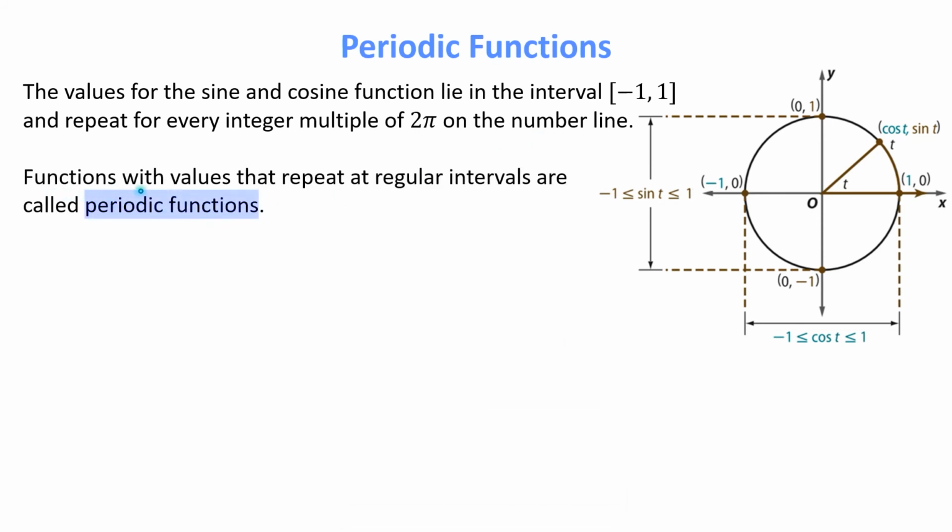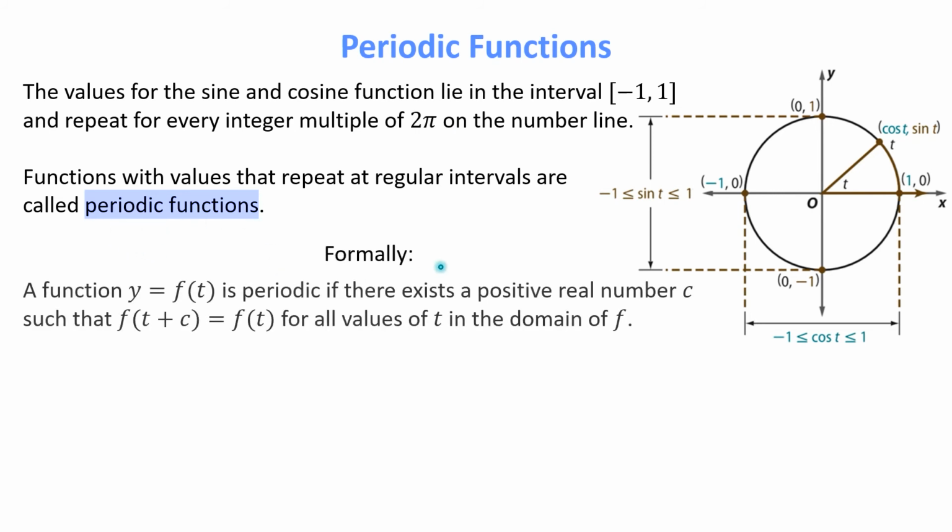So functions with values that repeat at regular intervals are called periodic functions. So sine and cosine, they repeat every 2 pi, so every one wrapping, and because they do so, they are known as periodic functions. Now, more formally, a function y equals f of t is periodic if there exists a positive real number c such that f of t plus c equals f of t for all values of t in the domain of f.